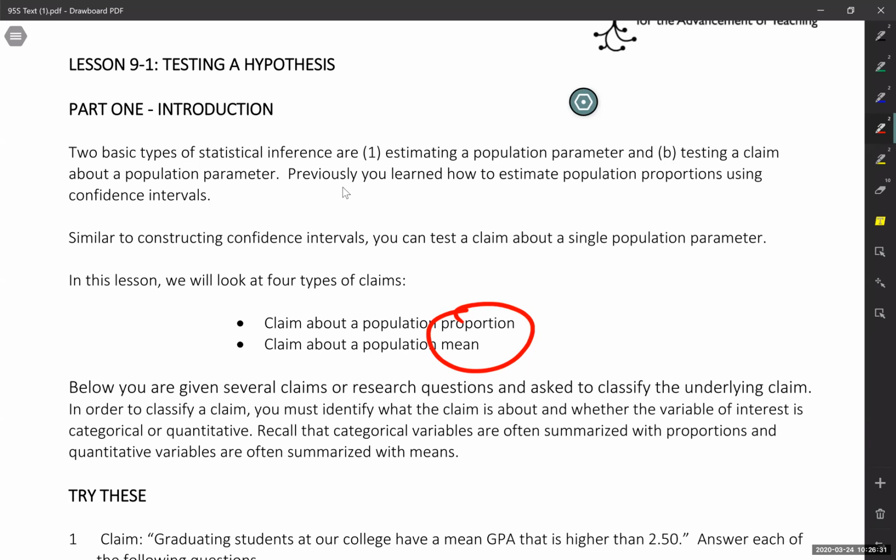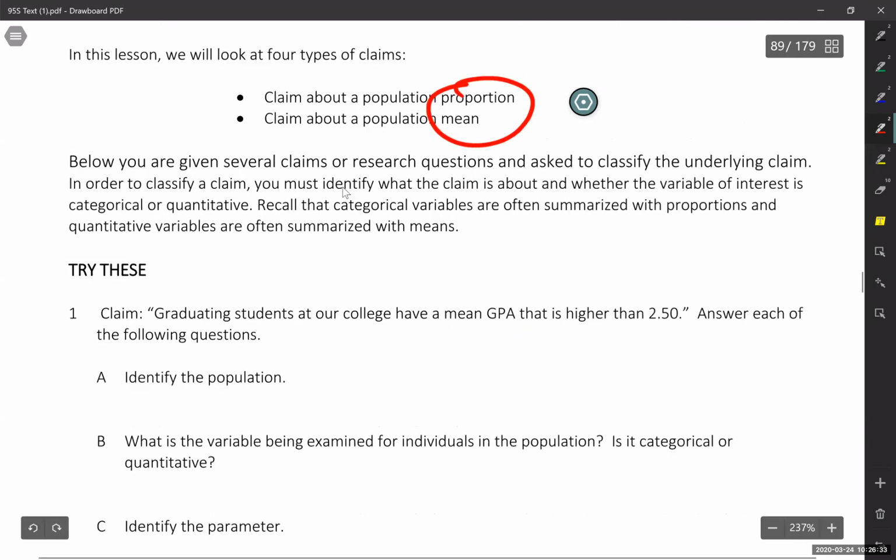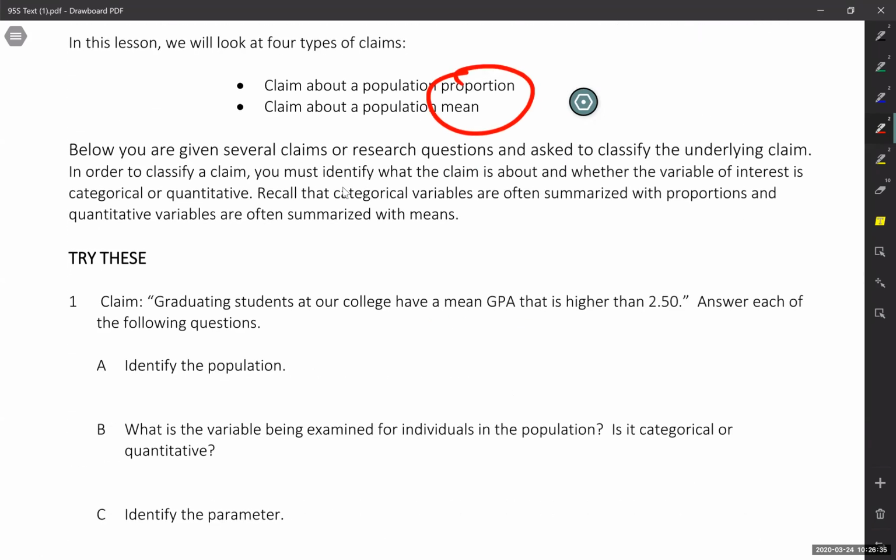So the very first thing we want to do is just talk about what is a hypothesis. How do we write it? And that's what this section's about. And so here we have a claim that graduating students at our college have a mean GPA that is higher than 2.5. And so first we want to identify the population.